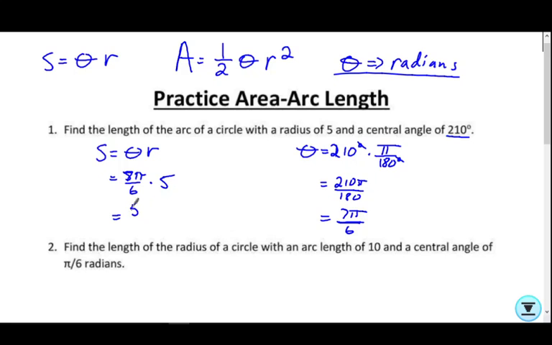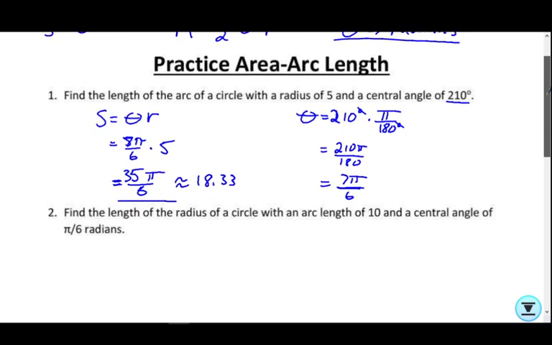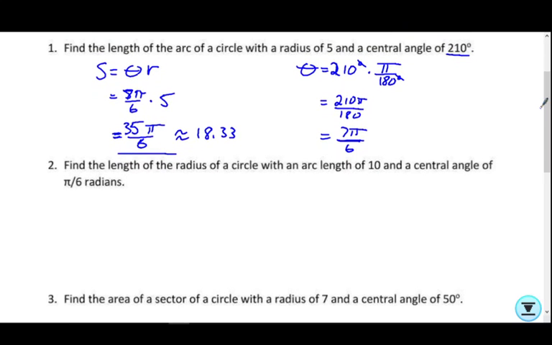So we get 35 pi over 6, and that's our answer. We're going to leave it like that. I mean, technically that's approximately 18.33, but we're going to leave it with pi in it because that's an exact answer versus rounding. It's that simple. We're just plugging in and finding what we need to find.